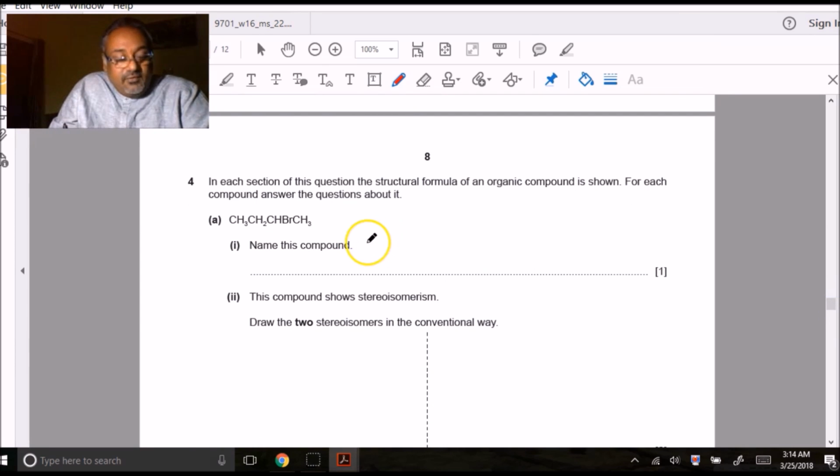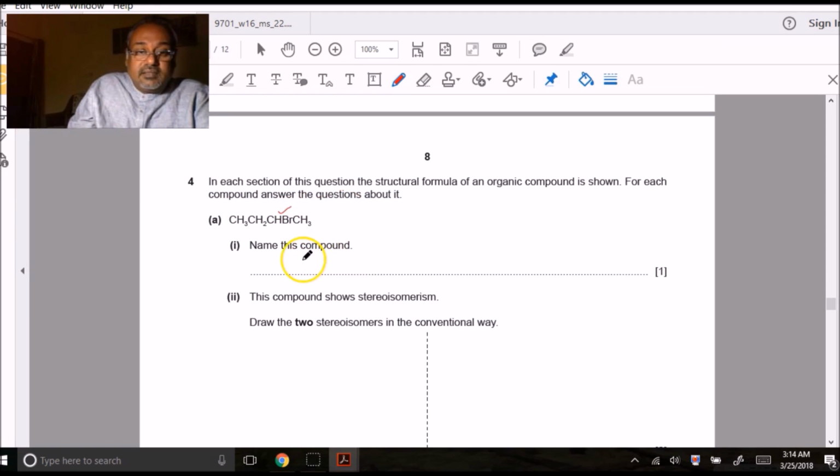Okay, so let's have a look at the organic chemistry question. This question asks you to name this compound. I see there's a bromine on the second carbon, so that's carbon number 1, 2, 3, and 4. So this is going to be 2-bromo, and I see there are 4 carbons, so that's 2-bromobutane.